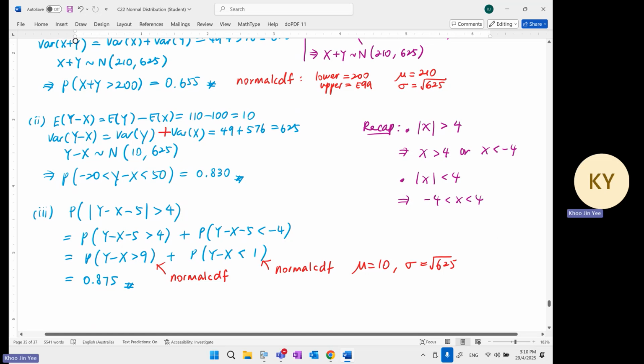Just that the lower and upper are different. You can use the same mu and sigma. So once again, when it comes to modulus, don't worry. Open the modulus, throw the rest to the other side, keep your variables on one side.